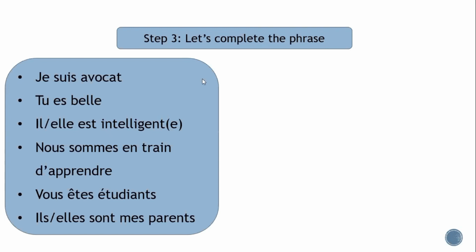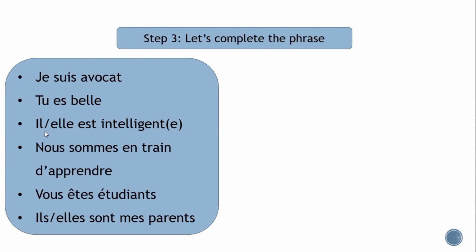Okay. Now you could see that my intelligent has one e in bracket. So when you are saying il est intelligent, the e is not important. But when you are saying elle est intelligente, the e is important because it is feminine. So the feminine has an addition of e, and the masculine will be without e.